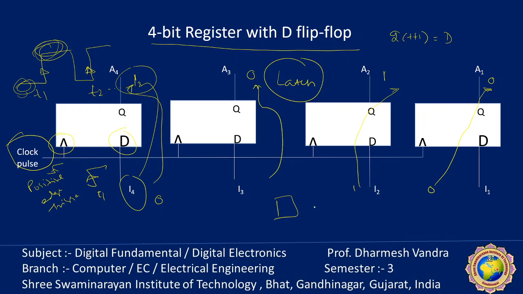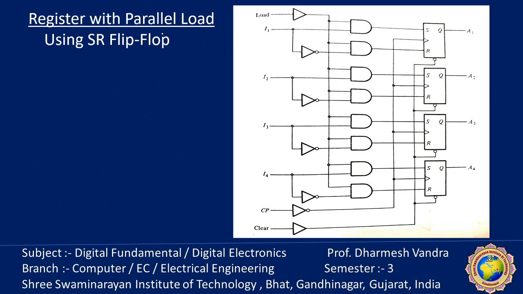As I know, in my computer there are a number of devices and everyone has a common clock pulse. On the common clock pulse only one device should be active, the remaining not. But if this is a register, then on every clock pulse it is active, and it is not suitable, it is not an intelligent device. So there is a requirement for another device, which is called a register with parallel load.